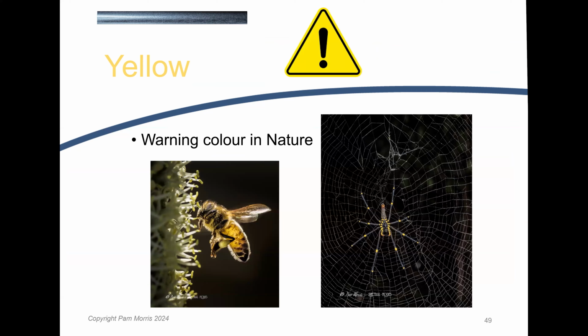It sometimes can be used as a warning colour, and in nature, things that are yellow are not going to so much bite you, or they're not toxic, but they're keep away as well. It's a warning colour, and it's what we use in our warning signs. And you know, the red stop sign and the yellow warning sign aren't there by chance.